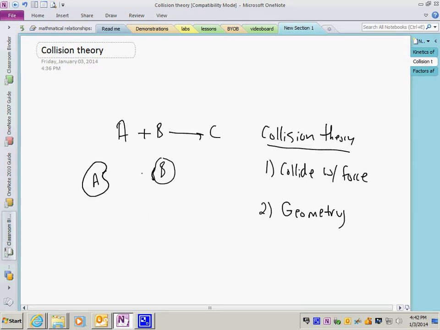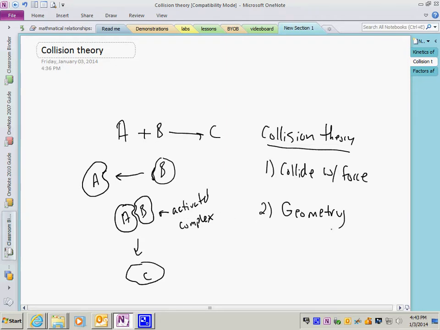So these two things literally need to collide in this direction to create a situation like this, where this is A, and then B might look something like this, okay? And then from there, it's going to produce maybe a new compound, which we're going to call C. This is an intermediate point, which we would call the activated complex.